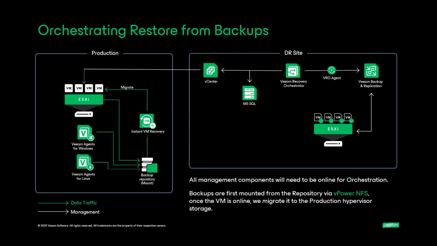While the VMs are powered on, we will also start the migration to the production data stores in the background. However, if you don't want to use instant VM recovery, because it's optional when recovering virtual machine backups, we can do a full VM recovery, which will restore the VMs directly into production, power them on, and start applying all the steps to verify that they are working.